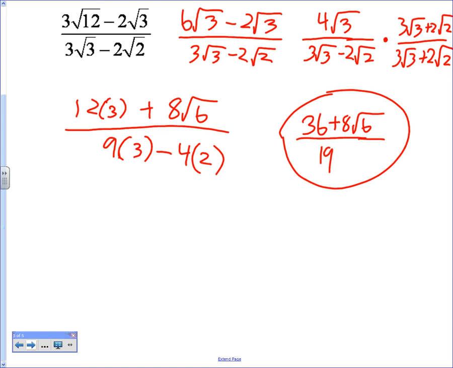I think I did the 3 times 2. Yeah. Any other questions? I got 36 plus 12 square root of 6 minus 8 square root of 2. Were you listening to what I just said? Yeah, I was, but I didn't see that.